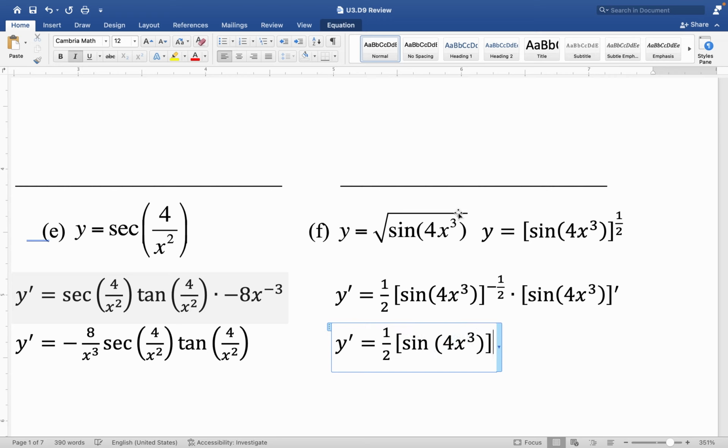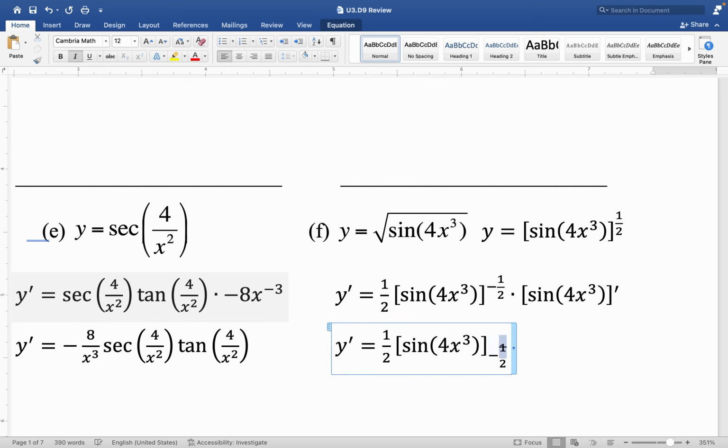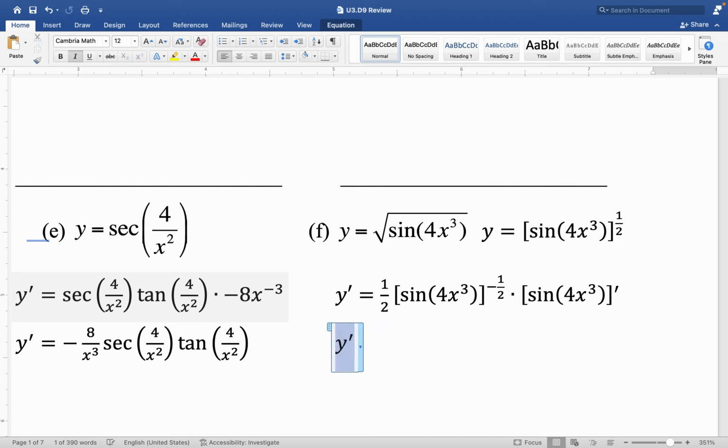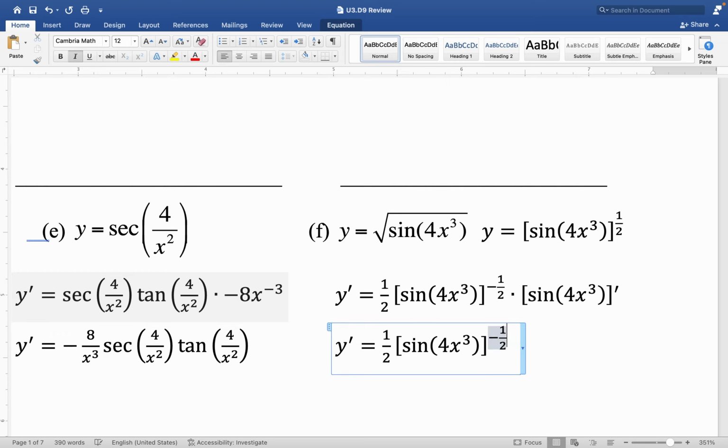I'm just copying all of this stuff. But then, something weird is happening with the equation editor there. Sometimes there's weird stuff going on with it, but I usually can make it work. There we go. Okay, so I just recopied the first term.